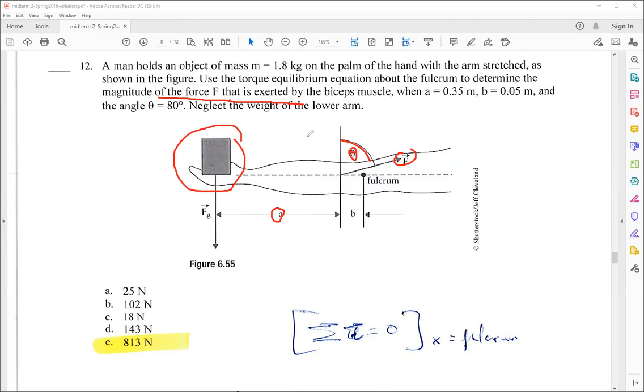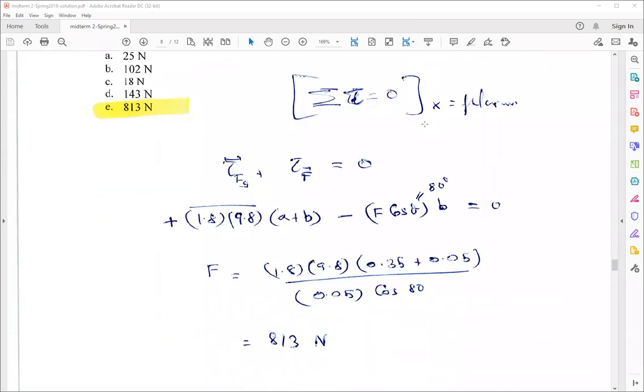So I need to look at the net torque, and it should be equal to 0. This will give me the magnitude of the force applied in the bicep muscle. We'll do it quickly because we've had a similar question on a previous midterm. Net torque equals 0.